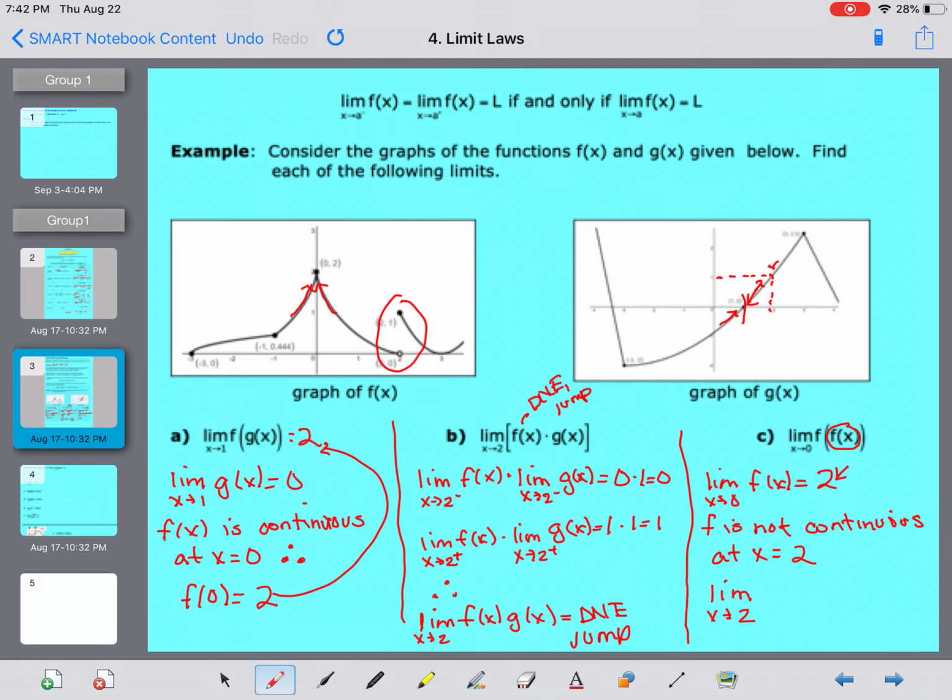Now I want to go back to the graph as we approach 0. So going back to these arrows right here. As we approach 0, the values on this side were below 2. Same thing goes here. The values were below 2. So if we think about it, these values of y now are the input values for our new function.